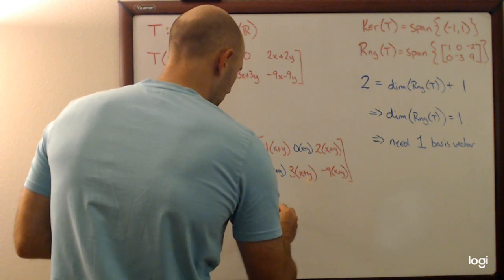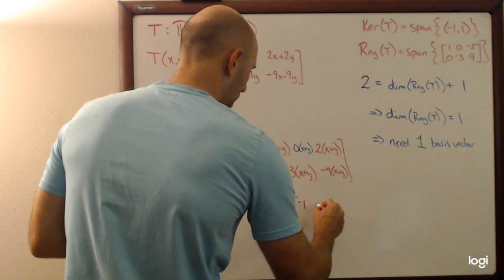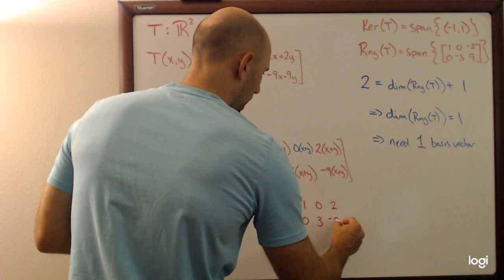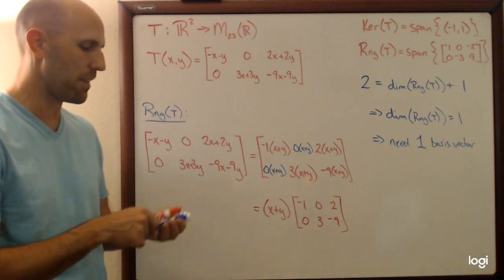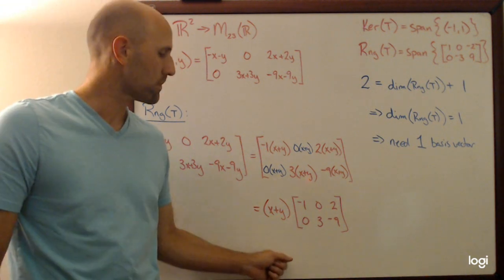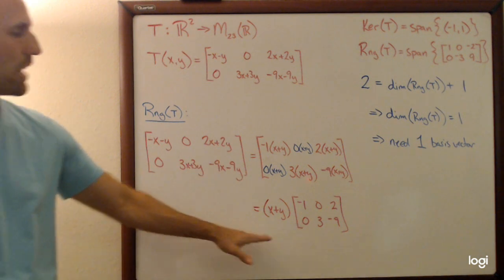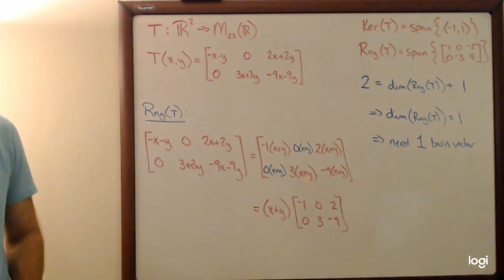So this is (x plus y) times (-1, 0, 2, 0, 3, -9). And there's my basis vector, because for any vector (x, y), x plus y is a fixed value. You'll take whatever that is and multiply it times this. This here is my basis vector.